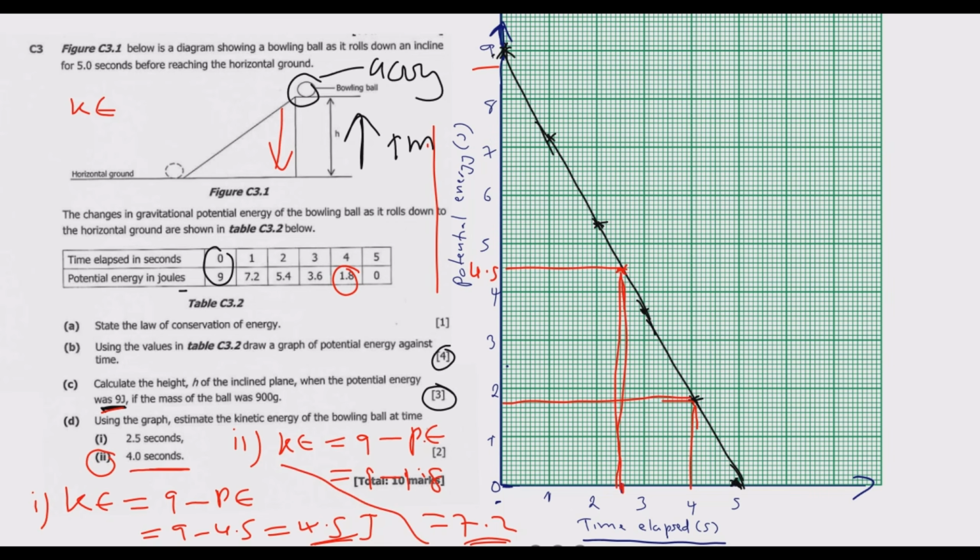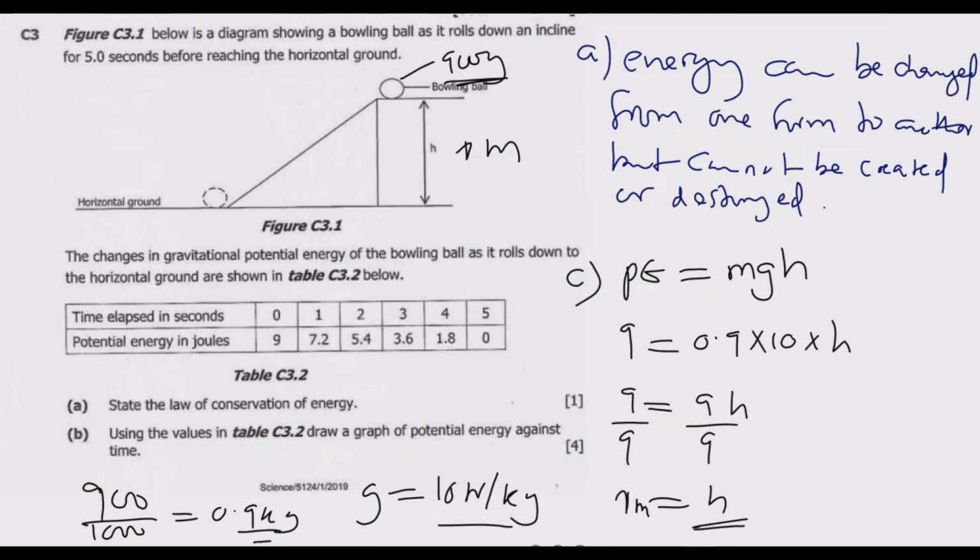So at 4 seconds we have 7.2 kinetic energy because of conversion. At this point we are only remaining with 1.8 of potential energy. Then it means the other energy has been converted to kinetic energy. Remember, the key is the law of conservation.